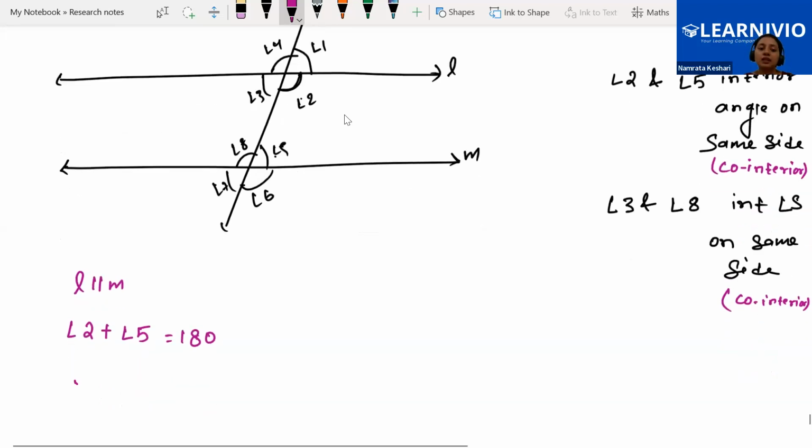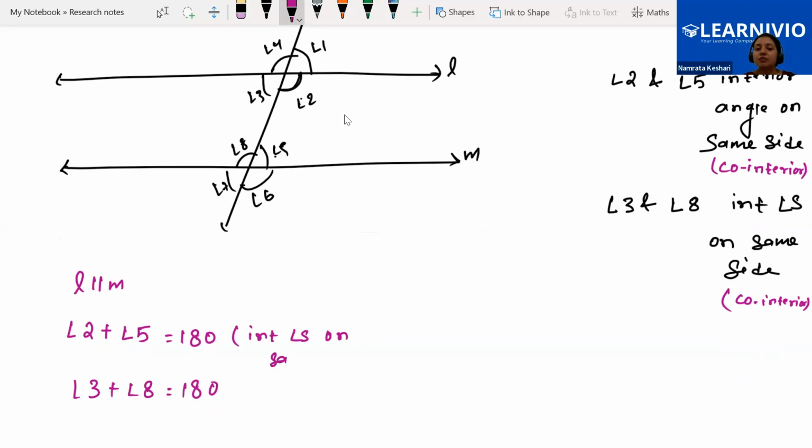Similarly, angle 3 plus angle 8, sum will be 180 degree when L is parallel to M. Interior angle on the same side. Sum will be 180 degree. Okay, co-interior angle is also another name.